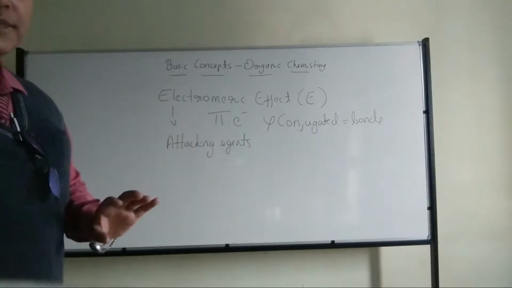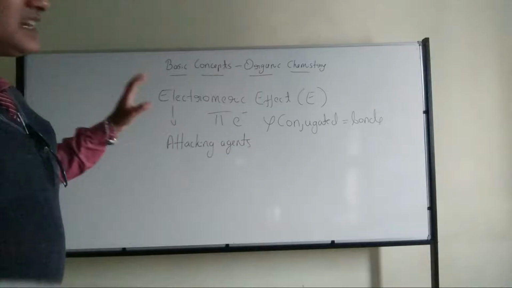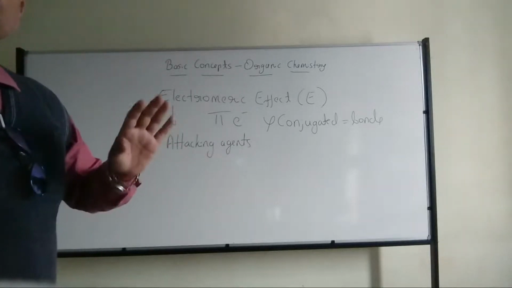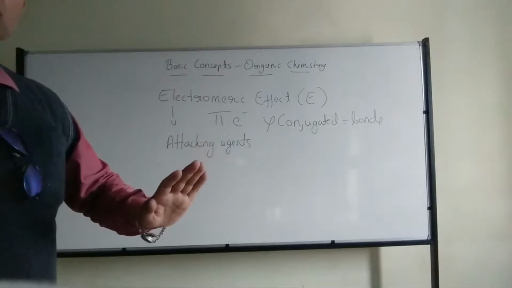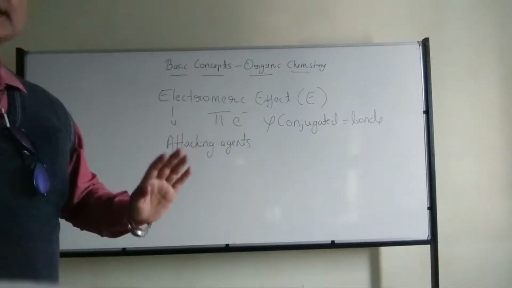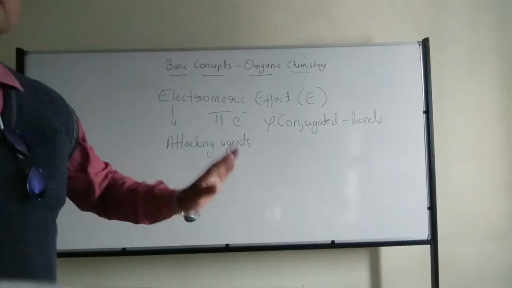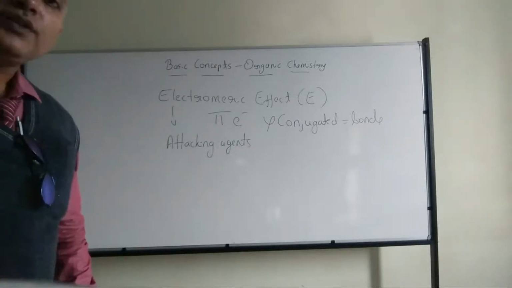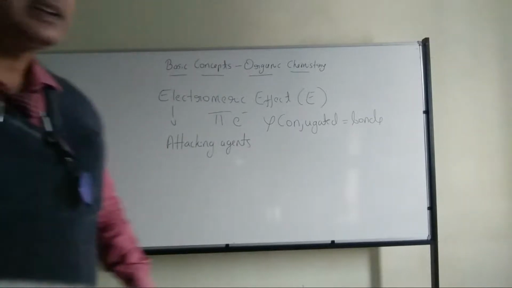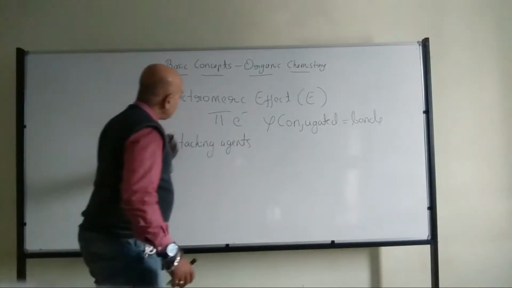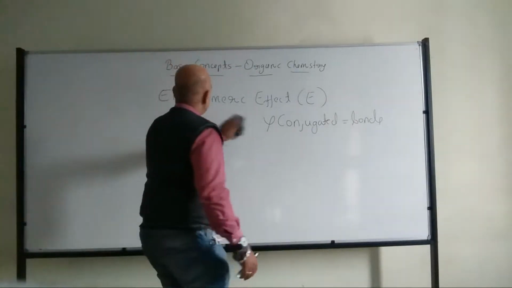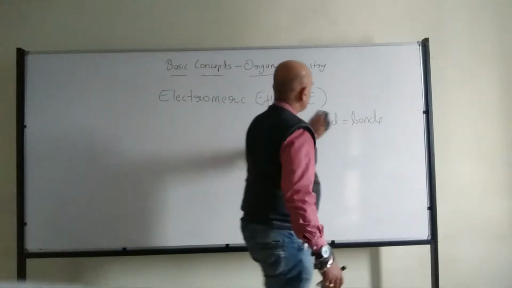And another thing is that the electromeric effect will be observed in the presence of an attacking agent. But resonance will be observed whether an attacking agent is there or not. Got my point? So that's where we have the difference between electromeric effect and resonance effect.